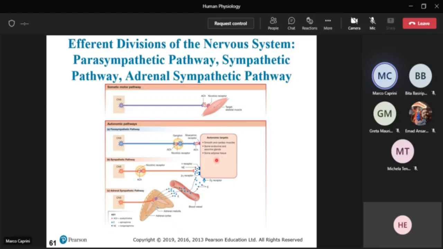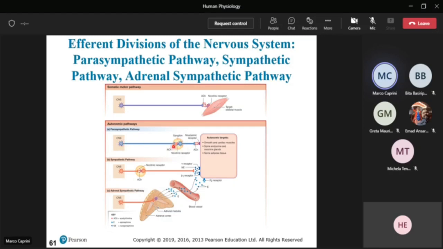But we already know about how the neurons can talk to each other. Here you have a pre-ganglionic neuron. We have here a ganglion and a post-ganglionic neuron. What is this? This is a chemical synapse, and the signal goes from the central nervous system to the ganglion.